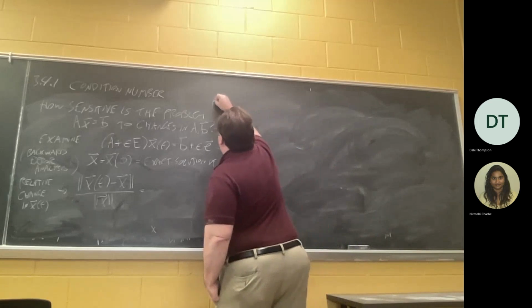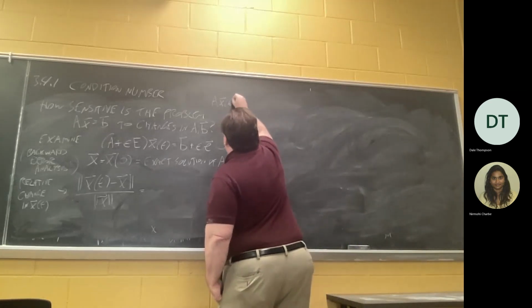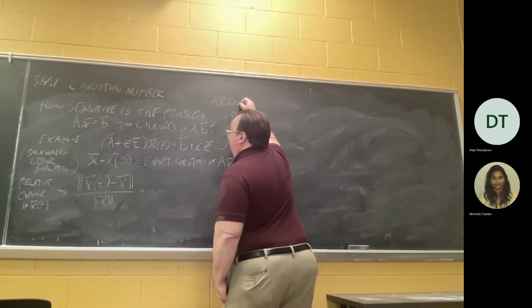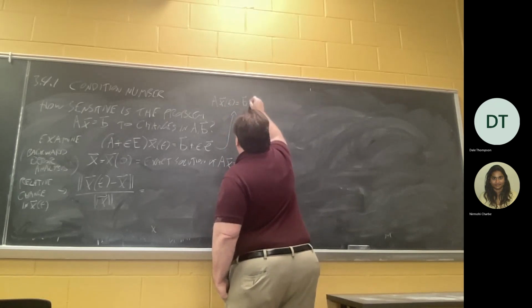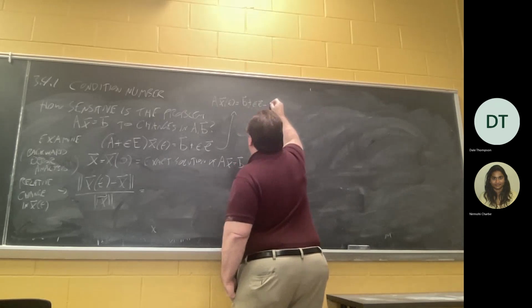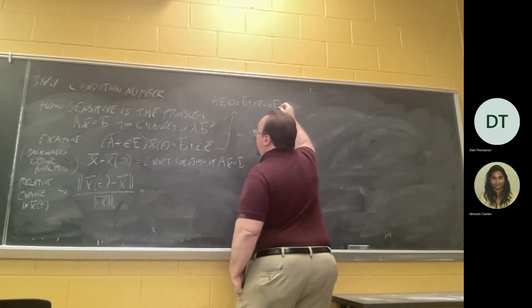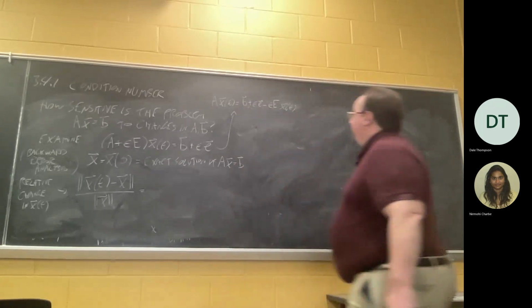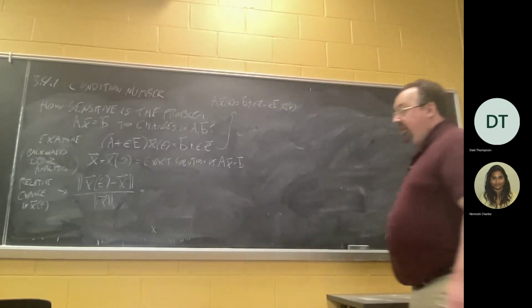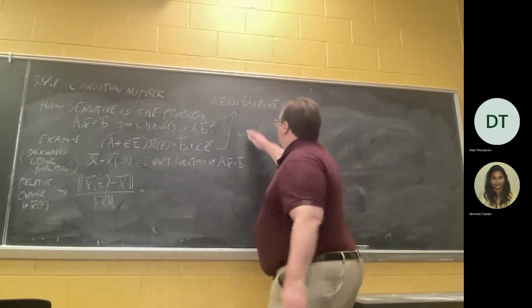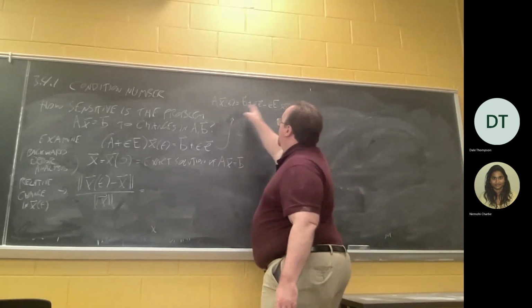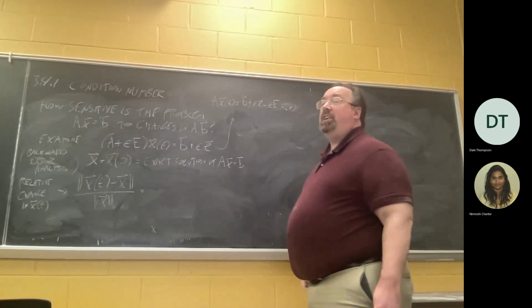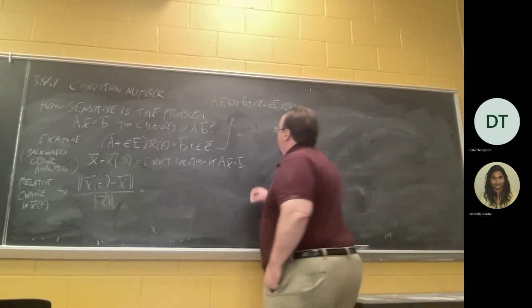So A X of epsilon is equal to B plus epsilon E minus epsilon capital E X of epsilon. And then what I can do is multiply both sides by A inverse.